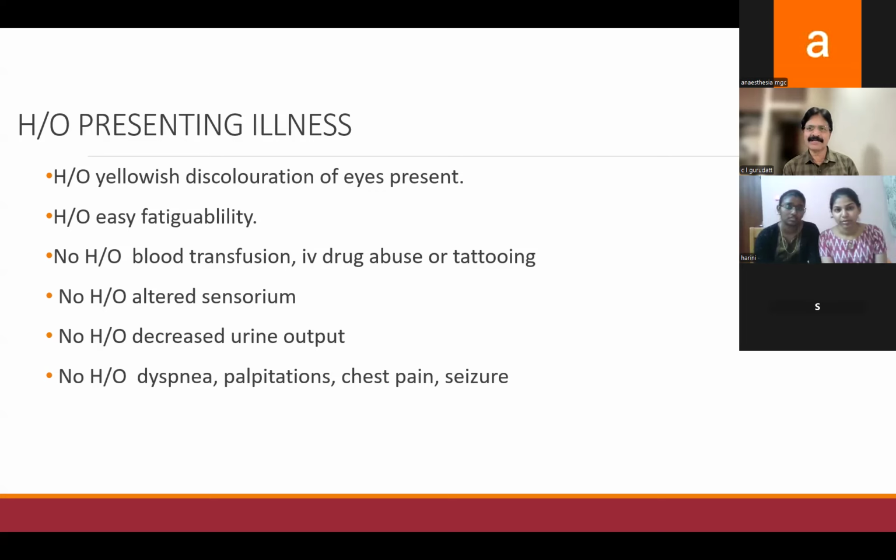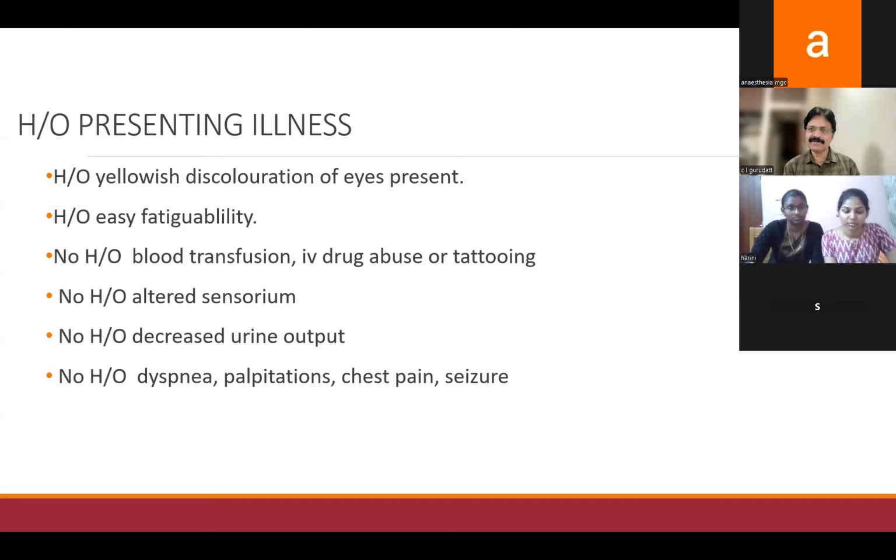The yellowish discoloration of the sclera will be there from childhood. Jaundice will be there from childhood. So that history you should always take, whether this yellowish discoloration started recently or was there since childhood. So you have to rule out hemolytic anemias. The second thing I told you is that there can be trauma and a big hematoma getting absorbed into the blood and increasing the bilirubin levels.